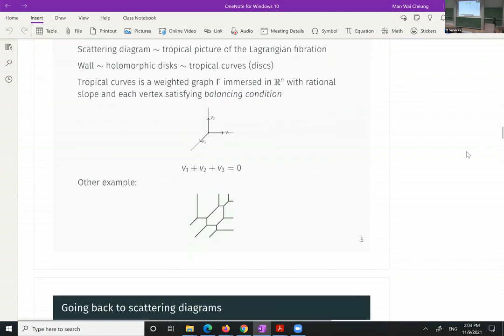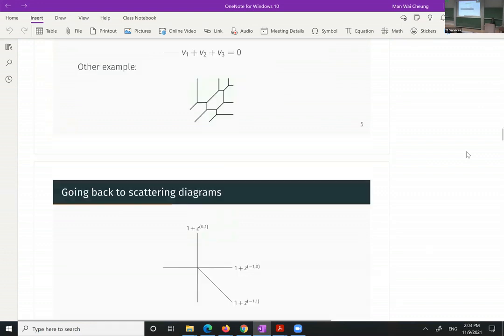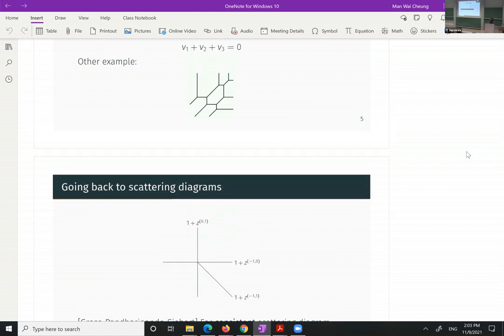So now the next question is how we can see those tropical pictures, tropical curves, tropical disks, in the scattering diagram. So let us go on. This is our example. This is our scattering diagram. Can you see a tropical curve here?